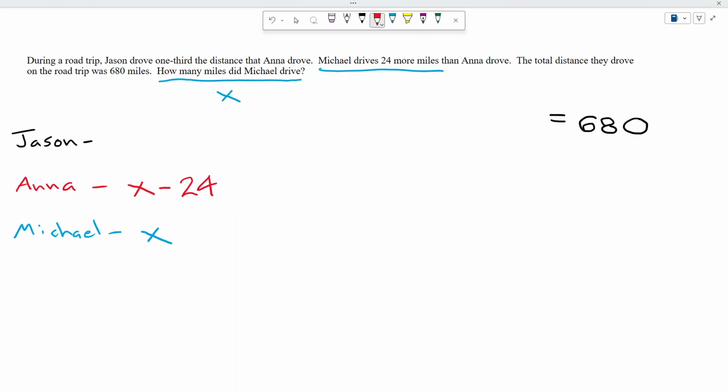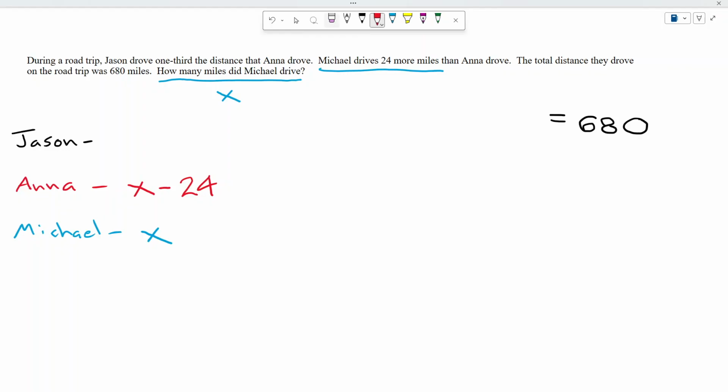Michael drove 24 more miles, so Anna drove whatever Michael drove, subtract 24 miles. So we're kind of backtracking here. We got Michael, we got Anna, both in terms of x.